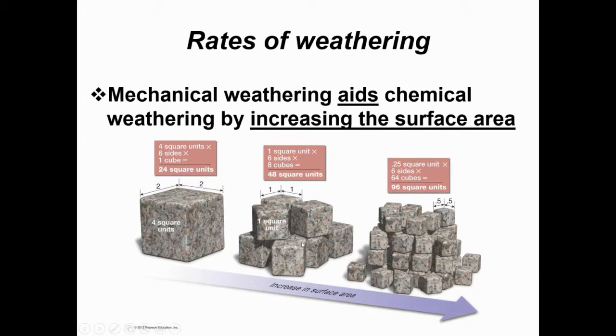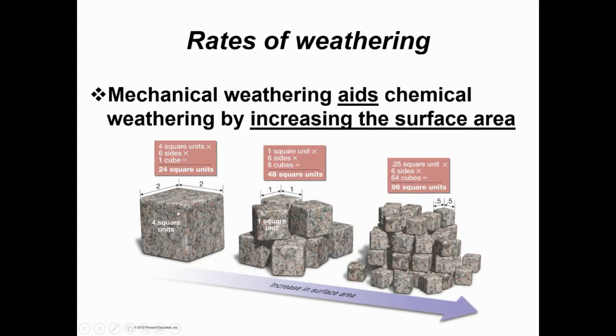Okay, and so by the time you get down into all these little dinky chunks, each one of those has 6 sides, and those 6 sides are all now available for Mother Nature to attack, versus this big chunk. It still has 6 sides, but it's 6 huge sides.